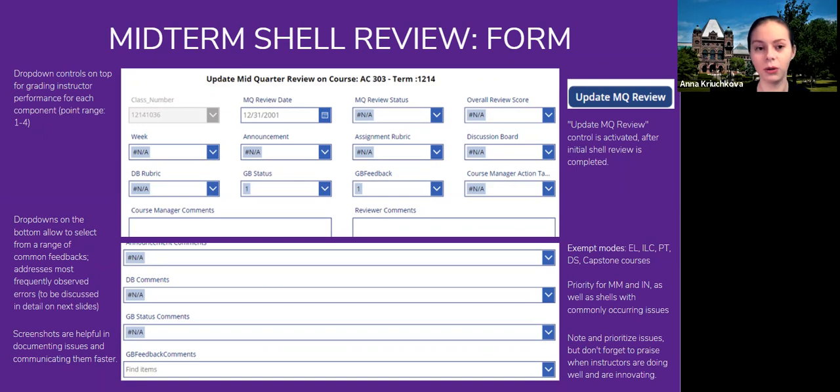Also, another thing that we utilize in some of the course shells, I know that's implemented in the School of Business and Management, not sure about other schools, is a midterm feedback that students can provide, and this can be either anonymous or non-anonymous. So we look into that section as well to see what the general sentiments about the course are, what components students are enjoying, and just making sure that student voices are heard.